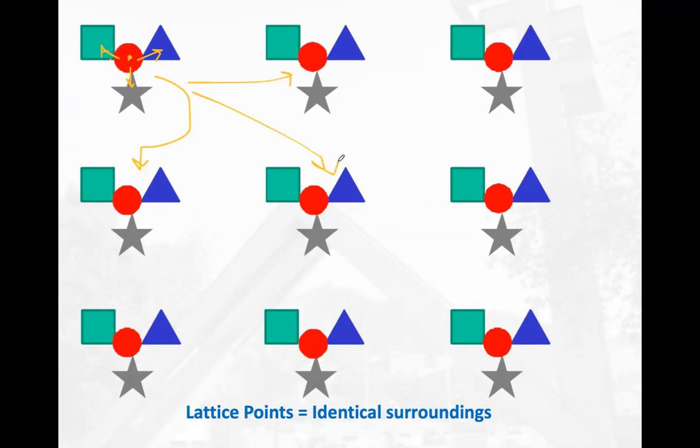Very identical locations. The surrounding is the same, identical. Therefore, you can take these as lattice points. We defined lattice points as points where you have identical surroundings, so this type of point you can take as an identical lattice point.